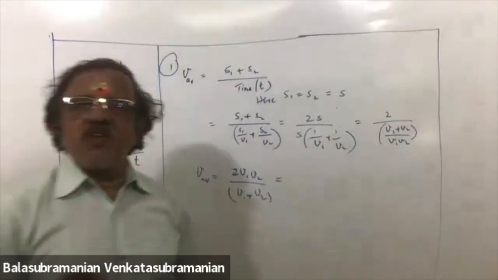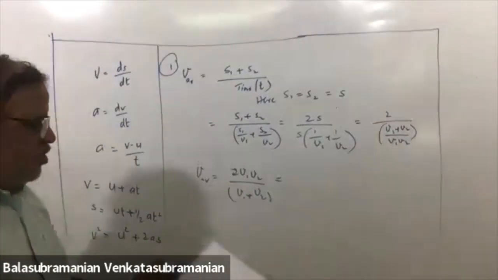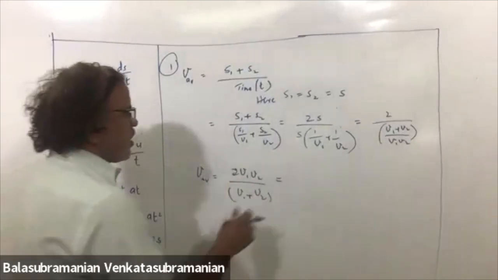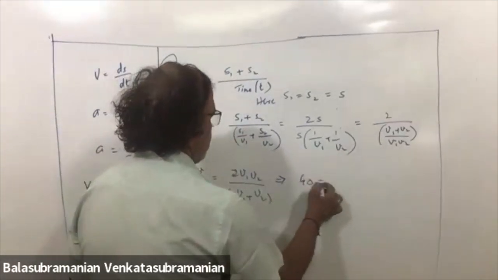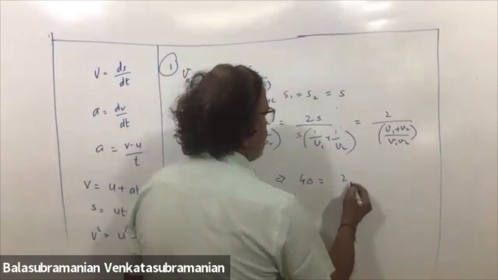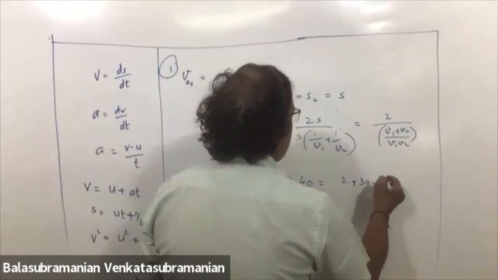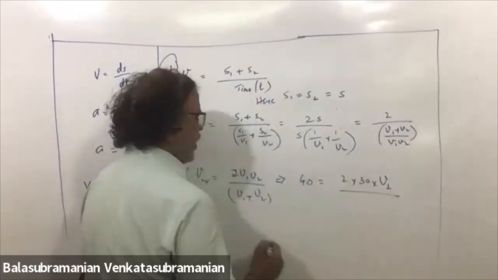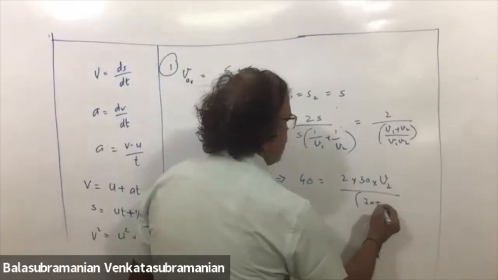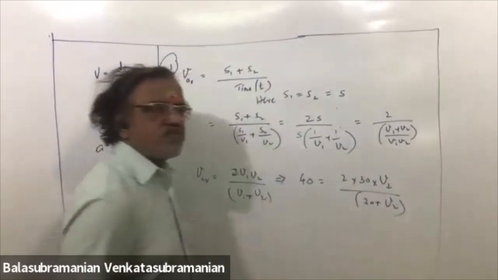Average velocity is given. What is the value? 40 kilometers per hour. 2 into V1, that is 30 kilometers per hour, V2 we have to calculate, by 30 plus V2.